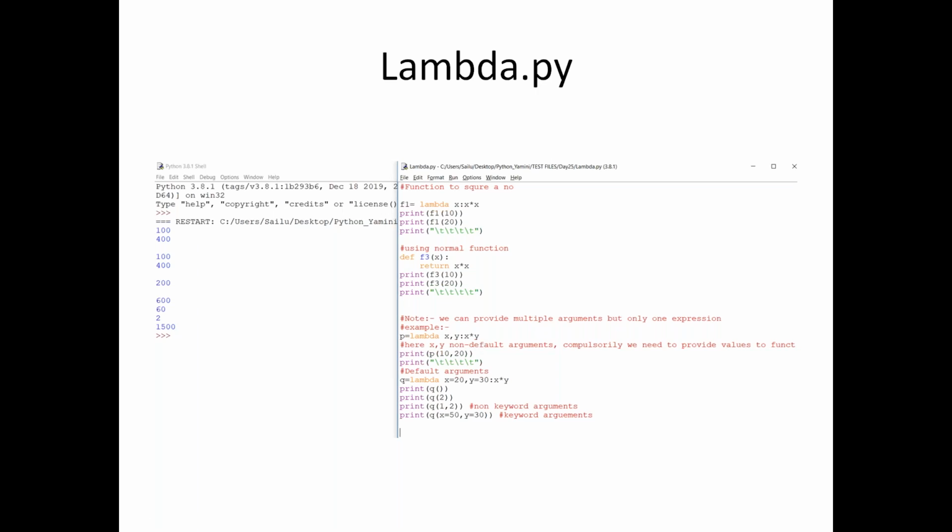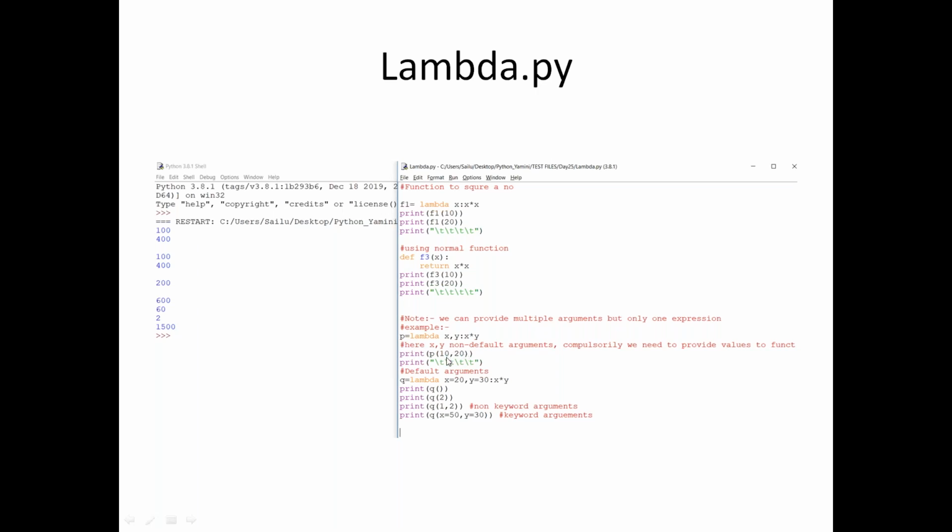I cannot do multiple expressions like x multiply y, x minus y, x square comma y square. Multiple expressions cannot be handled; it can handle only one expression. That is the reason I'm telling you to use simple syntaxes. I pass that lambda into a variable called p, then print p of two arguments, x value and y value, 10 comma 20.